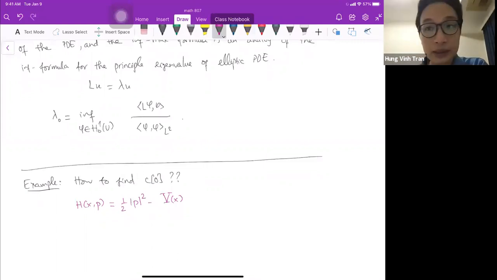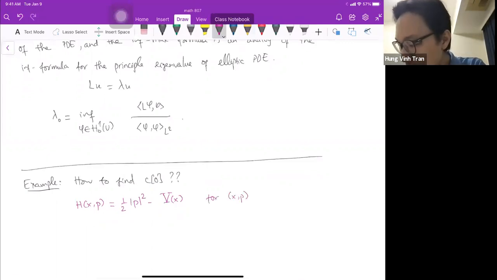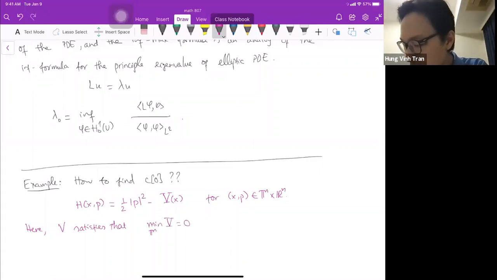So I'm looking at this Hamiltonian h of x, p equals 1/2 p squared minus v of x, and I'm considering x and p in the torus cross Rn. Okay, and here v satisfies that the minimum of v on the torus equals 0.